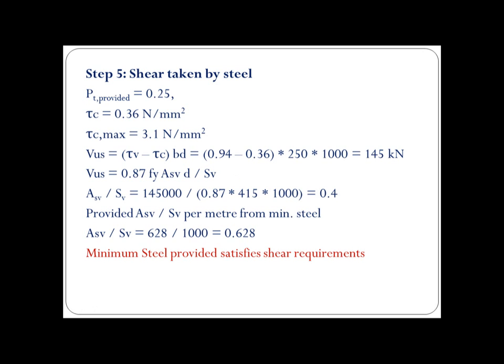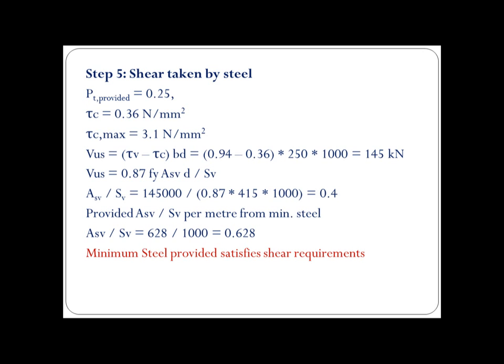So here we are not multiplying by the entire length of the wall, rather we are calculating per meter. So it results in 145 kilonewtons, and we calculate a factor called Asv by Sv, that is area of steel required per meter.